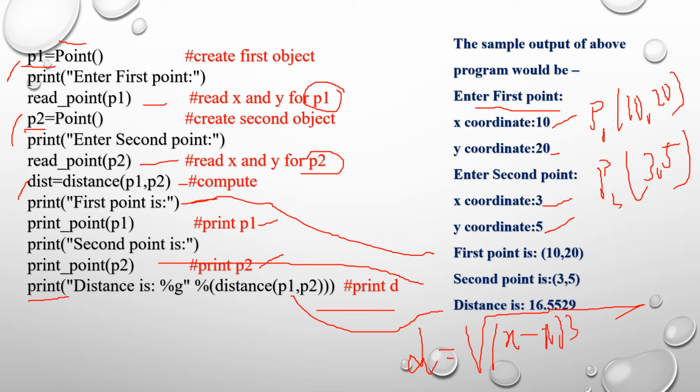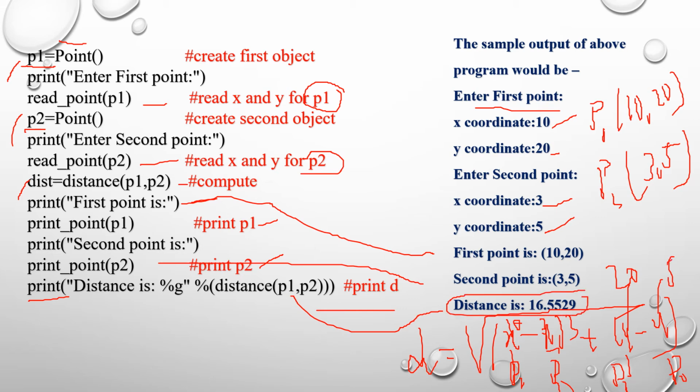So here the first x is p1.x and the second x is p2.x. So here the first x is 10 and the second value is 3, plus (y minus y). So here the first y is p1.y and the second is the second object's y. So the first y value is 20 and the second one is 5. So the calculated distance is 16.55.